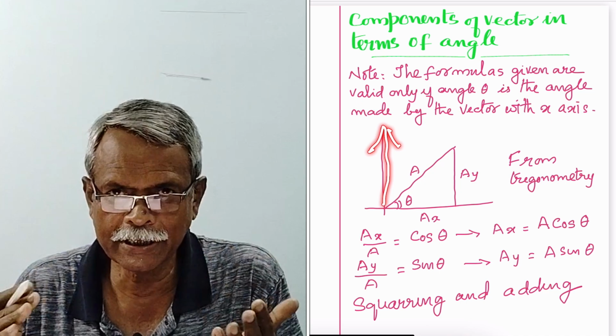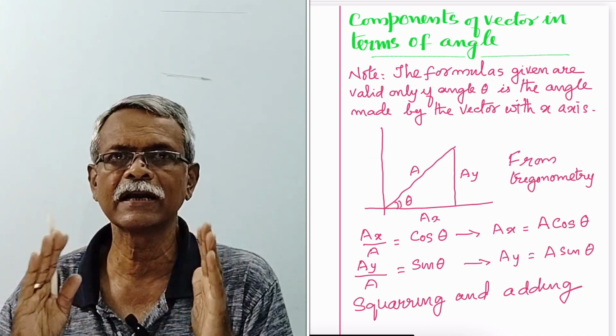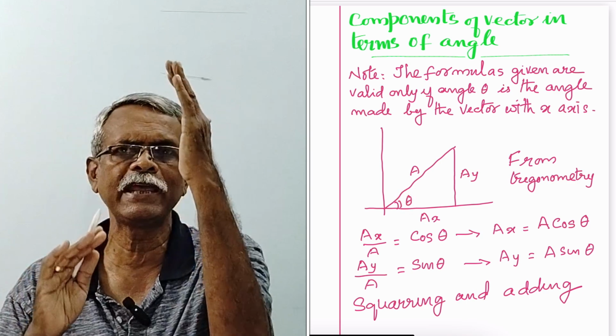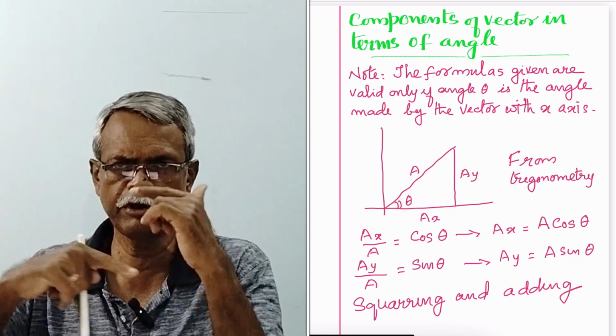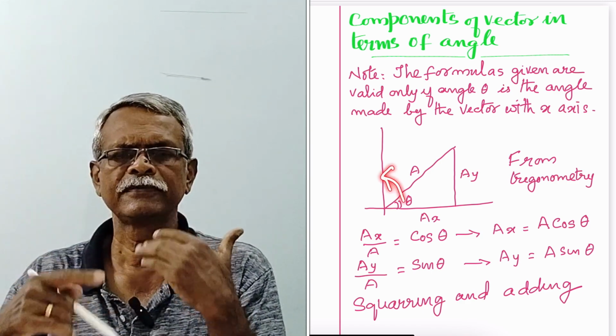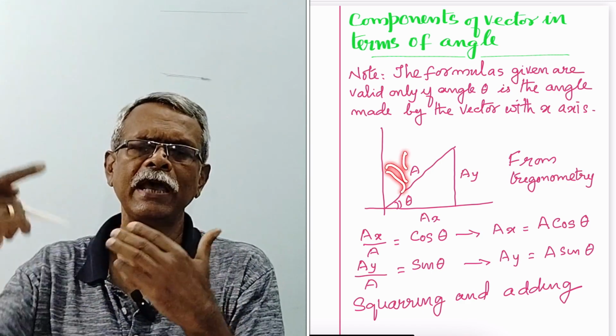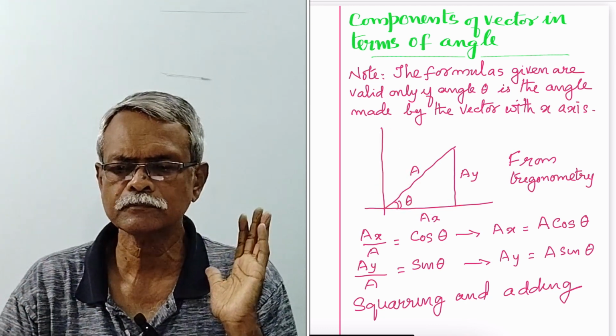So we have to take care about which axis the angle is given. If the angle is given about the y-axis, the relations will switch between those two. Sine will become cos and cos will become sine, and tan will become ax over ay instead of ay over ax.